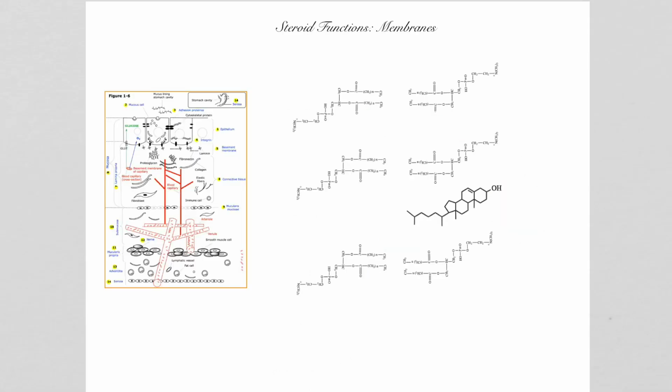The function of cholesterol, as we mentioned earlier, is as part of membranes, and cholesterol plays a very important role in maintaining the fluidity of membranes. It can increase or decrease the fluidity of membranes. For example, a higher temperature tends to make these phospholipids move around more.